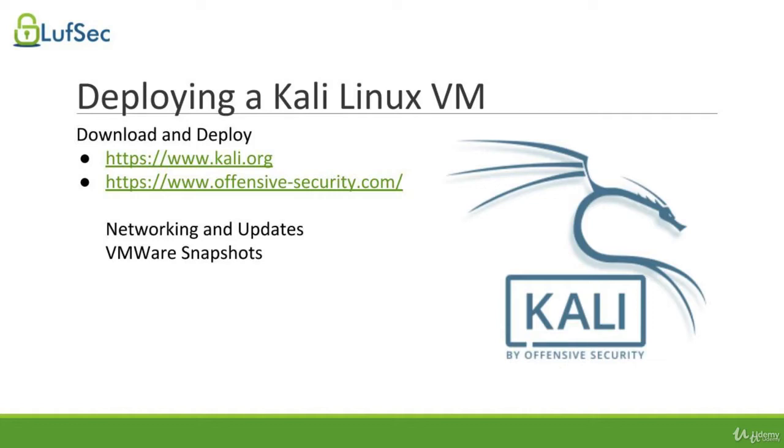There are two options for installing Linux. You can install it as your main operating system on your main machine, or even dual boot if you want, or you can run it as a virtual machine. We'll use the virtual machine option.